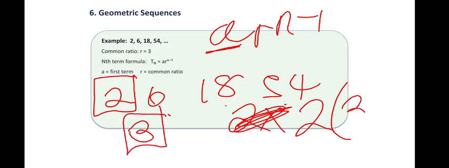That is the ratio that we have, because we've got our 2 and our 6. There's a factor of 3 if you're multiplying them. Same goes with 6 and 18, as well as 18 and 54. So we've got our 2, 3, and then we've got our n minus 1.